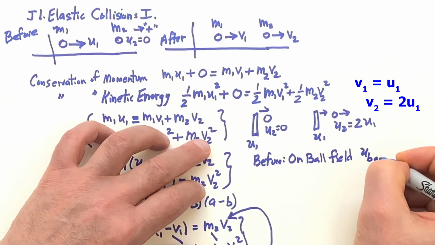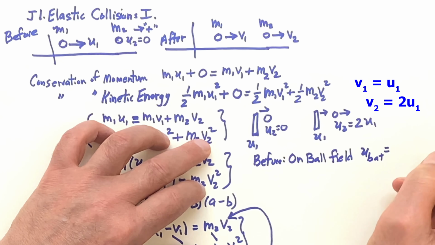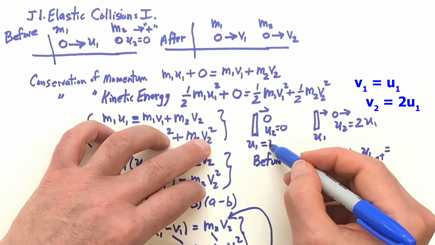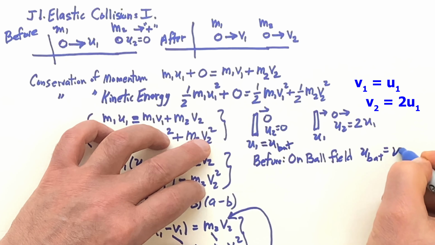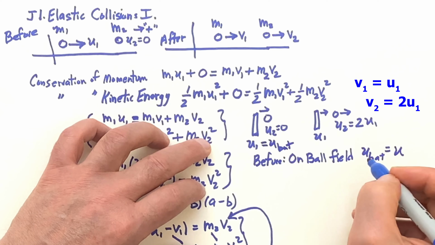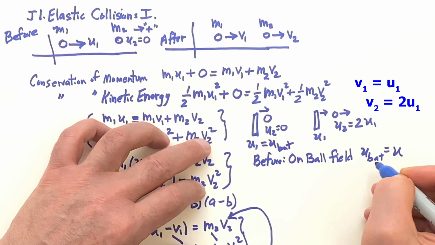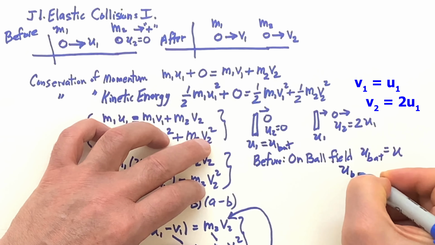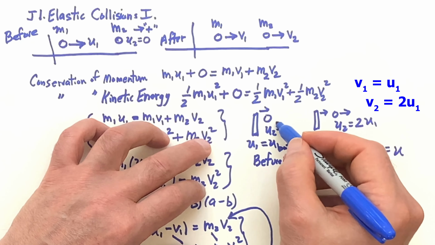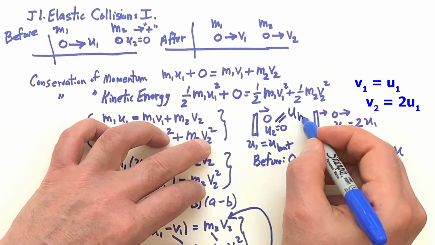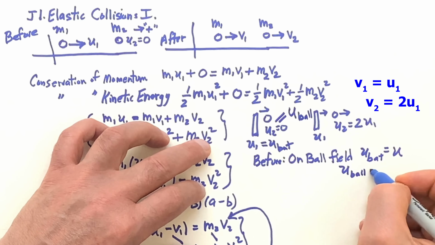The bat is moving with some initial speed, the bat speed, and we'll just call that U. And the speed of the ball, U2, is 0. So the ball has speed 0.